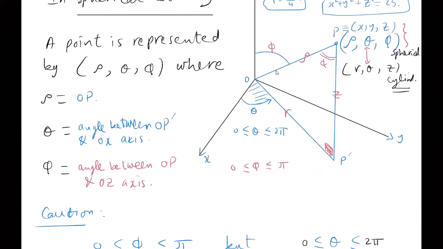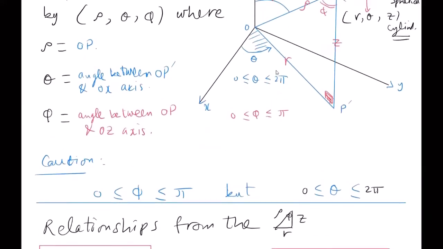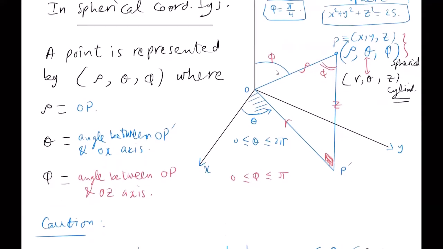Z is the vertical distance from P to the XY plane, P P prime. Z equals rho cosine phi, because z is adjacent to phi. So z equals rho cosine phi, and r equals rho sine phi, because r is opposite to the angle phi. And the rest is easy. This is the whole new idea, the whole new transformation.